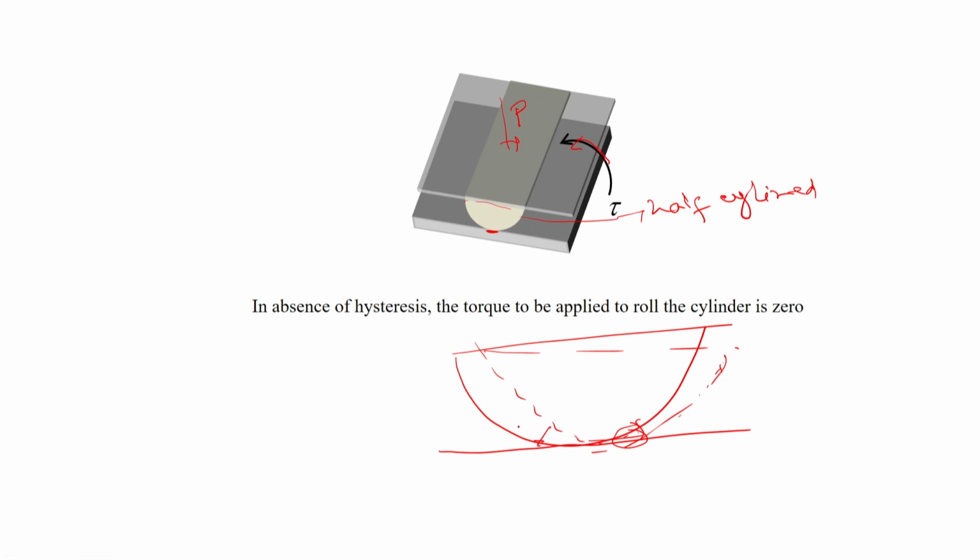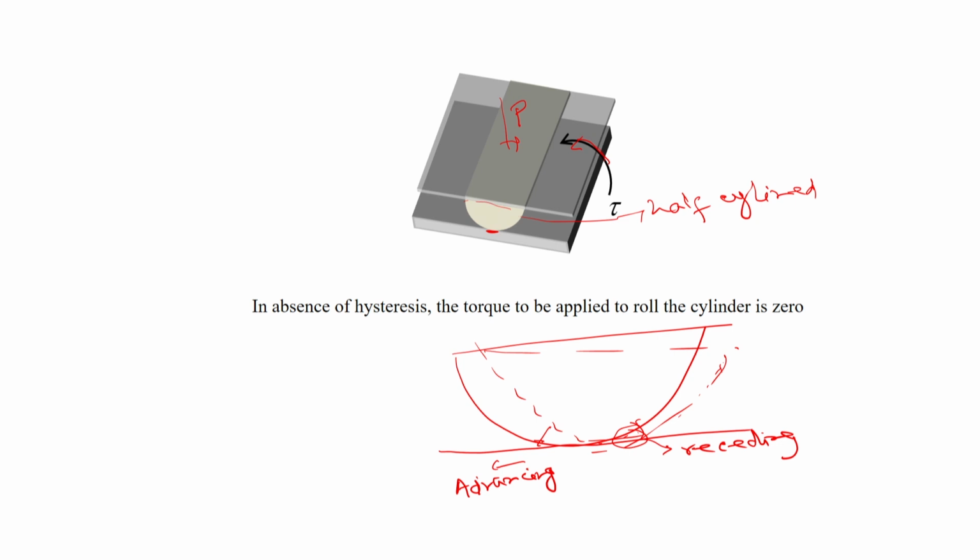So, this region I call the advancing crack, and in this region it is receding. So, this is advancing and this is receding, very similar to the advancing contact angle and the receding contact angle that I had discussed a couple of minutes back.